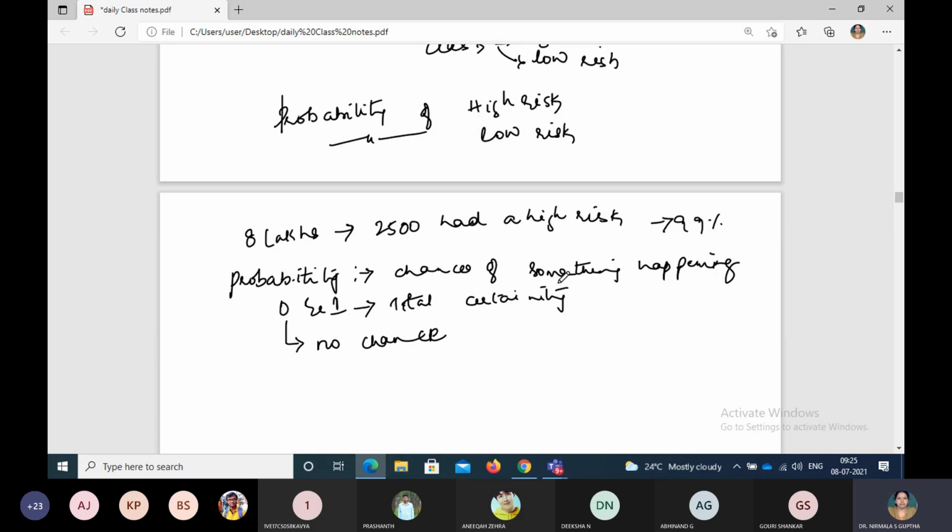So whatever the past historical event information is there as records, the probability of something happening in the future can be reliably assessed. For example, I have taken an airline example.